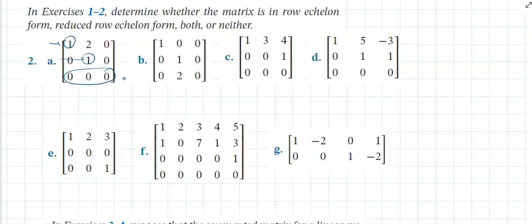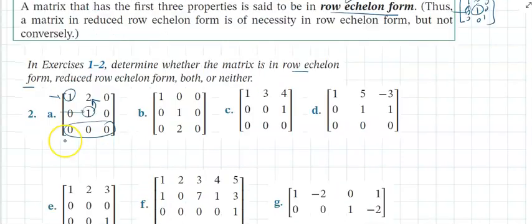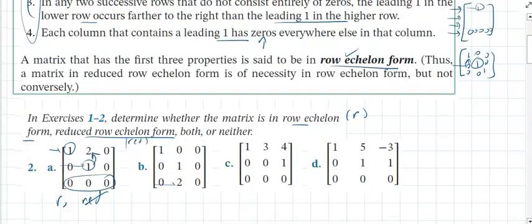So I notice this satisfies properties 1, 2, and 3, so we say this is in row echelon form, but since property 4 is not satisfied, because above this one there's a 2, therefore property 4 is not satisfied. Let's say R for row echelon form, and for reduced, I'll call it reduced.